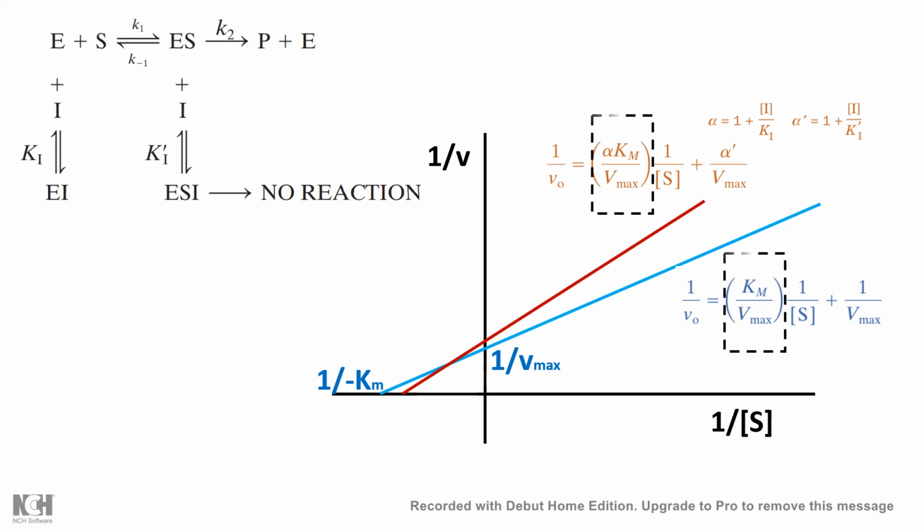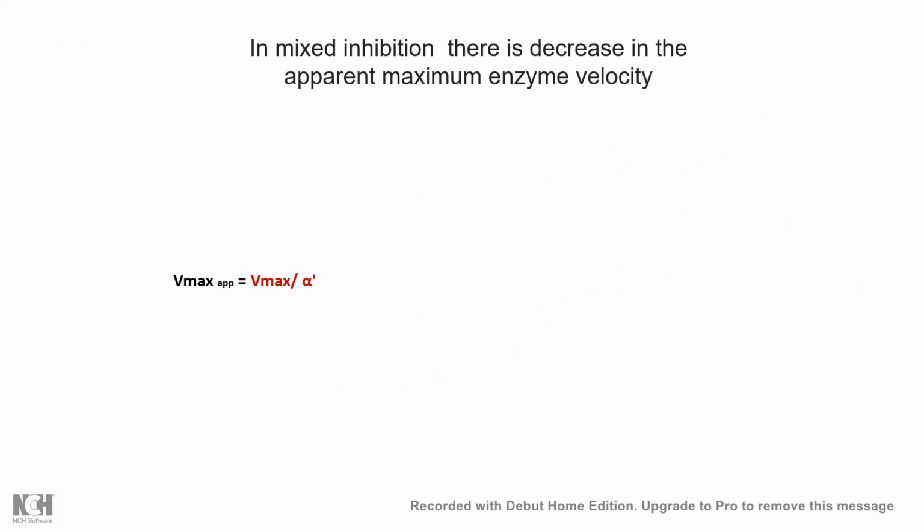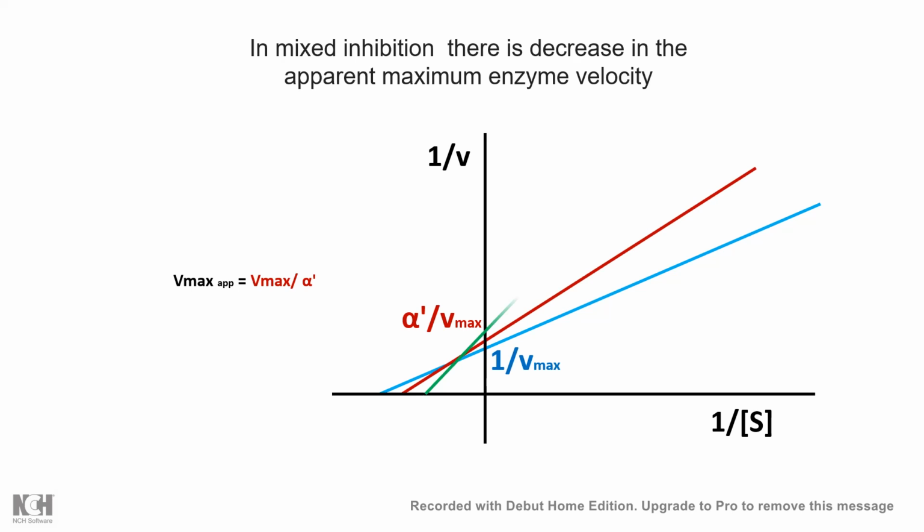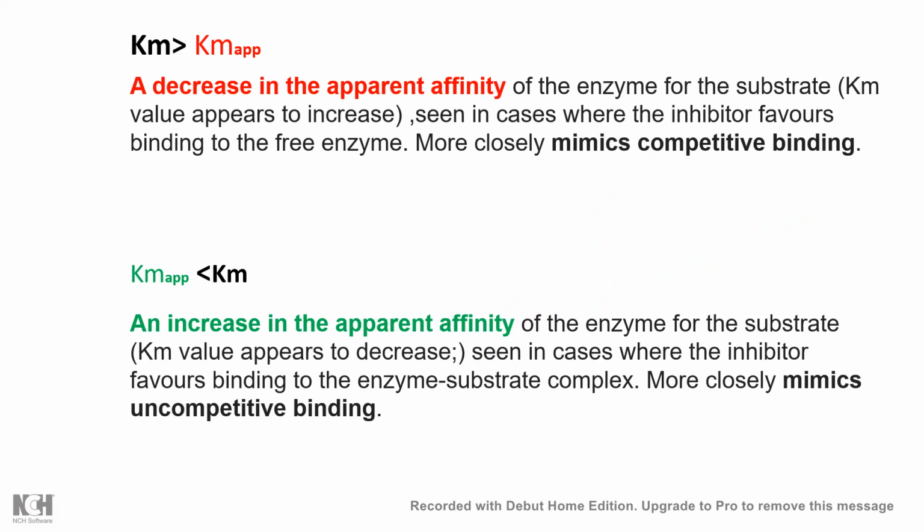You can clearly see the slope has increased, that's why the line becomes steeper, and the intercept has also increased, suggesting the Vmax has decreased. The intercept becomes alpha dash by Vmax. So clearly this kind of inhibition reduces the Vmax by a factor of alpha dash, and with an increase in the value of alpha dash the line becomes steeper and steeper and the inhibition becomes stronger and stronger.